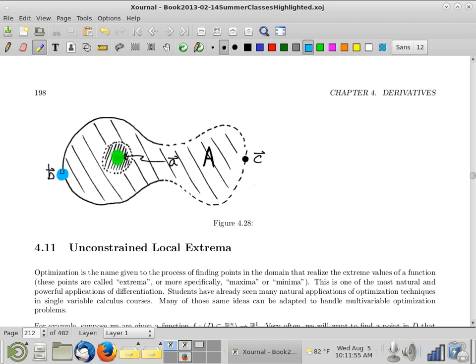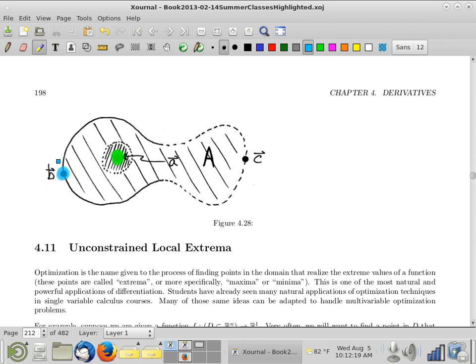Well, I'll do B. So there's something qualitatively different about A and B as it pertains to this set. And both of the points are in this set. But B is kind of on the edge, whereas A is kind of in the middle-ish, right? So how do we say that precisely? I mean, I can say boundary and interior, but what does that mean, right?